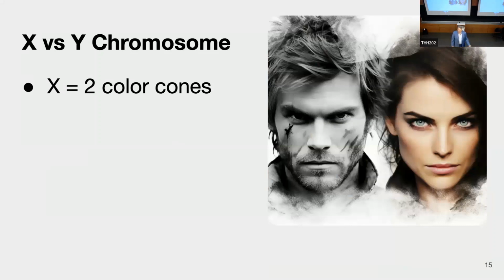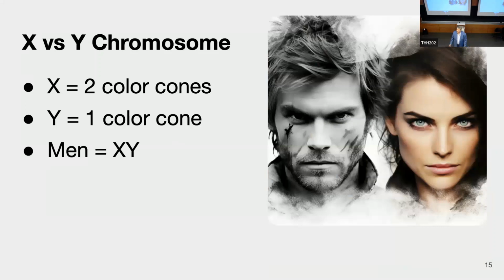So the X chromosome has 2 color cones, whereas the Y chromosome has 1 color cone. So for biological males who have an X and Y chromosome, in total, the max they can have is 3 color cones. And if they're all working properly, then you've got this RGB. And then for biological women who have XX, there are 4. So 8% of men are colorblind, and it's because there is a problem with one of these color cones.